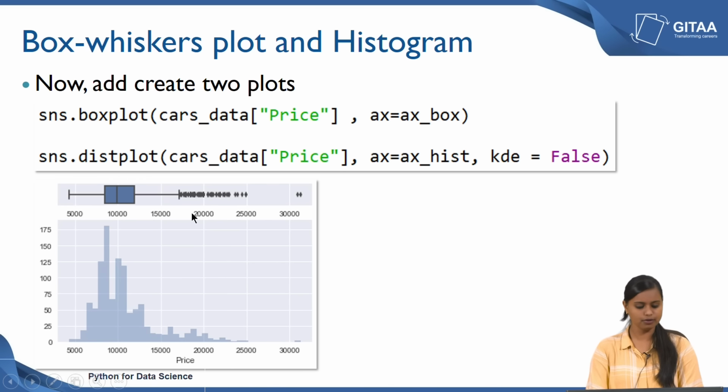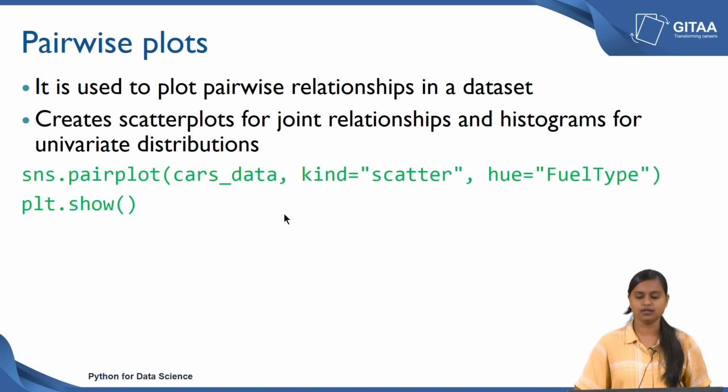You will be able to look at the frequency distribution of any continuous variable as well as the five number summary of it. If you want to look at how the outliers are present in a variable and what the minimum and maximum value of a variable is, all this information can be obtained using a single plot when you create plots using subplots. Now we will see how to create pairwise plots.